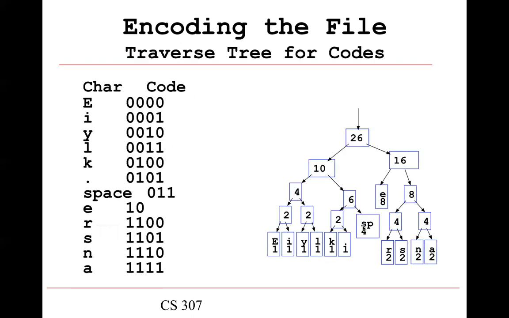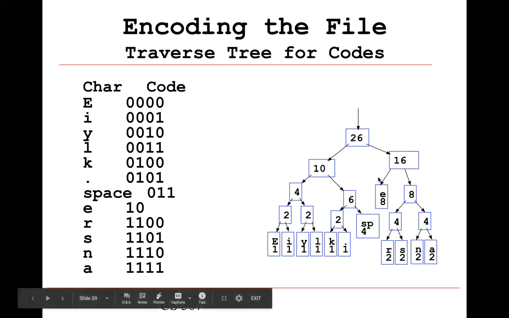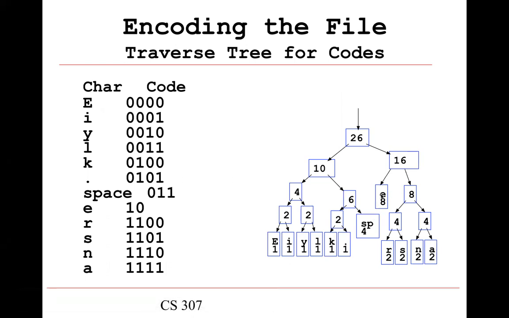We can also see from this graph, all the characters are leaf nodes. For this e, it's 1, 0. So if we had 100 or 101, e would have children, so e would not be a real character. For each real character, there's a leaf node, so they don't have any children.